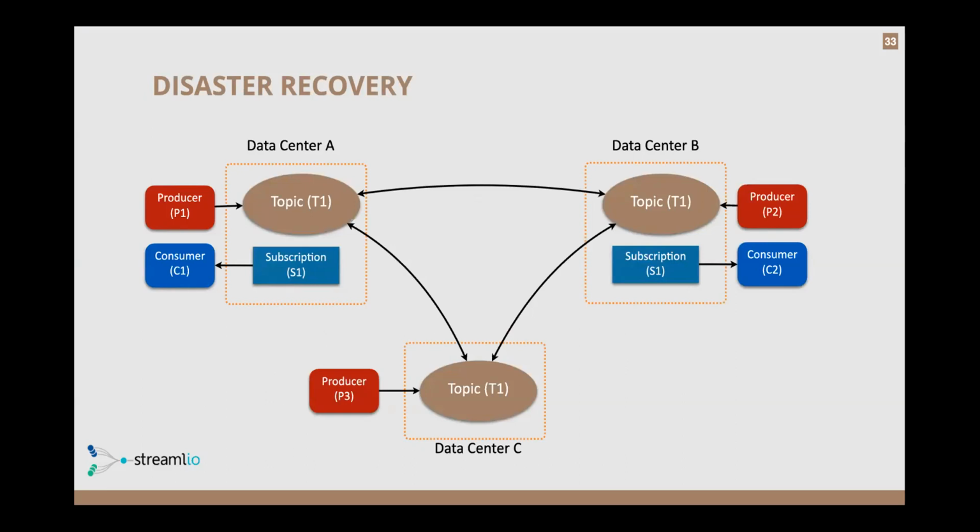This means that when a message is produced and consumed in data center A, for example, it will automatically be replicated to data centers B and C asynchronously behind the scenes, without any intervention on your part other than the initial configuration.